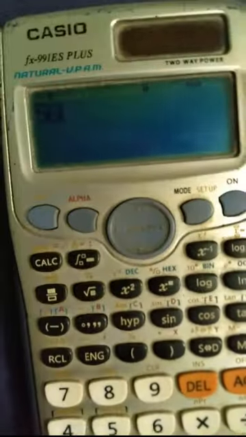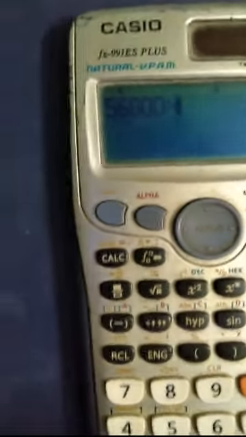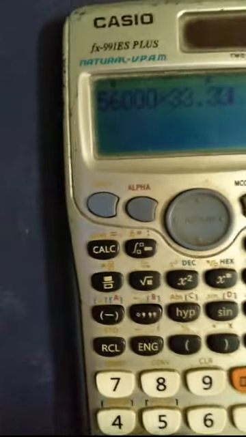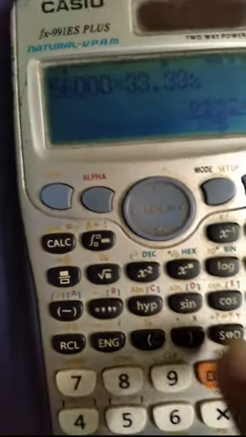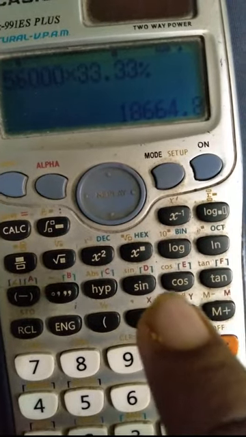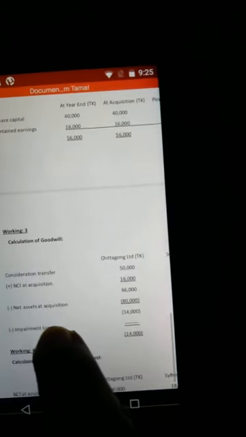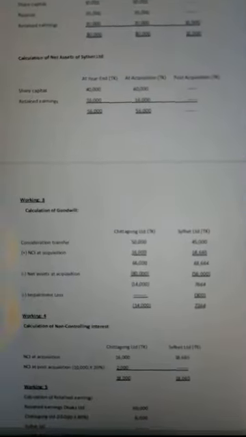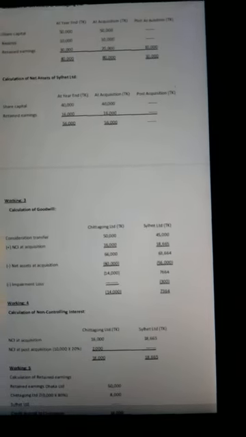For Sylhet, we have 56,000 at acquisition, so 56,000 into 33.33% is equal to 18,665. That's what we have to write here, as the NCI at acquisition for both Chittagong Limited and Sylhet Limited.